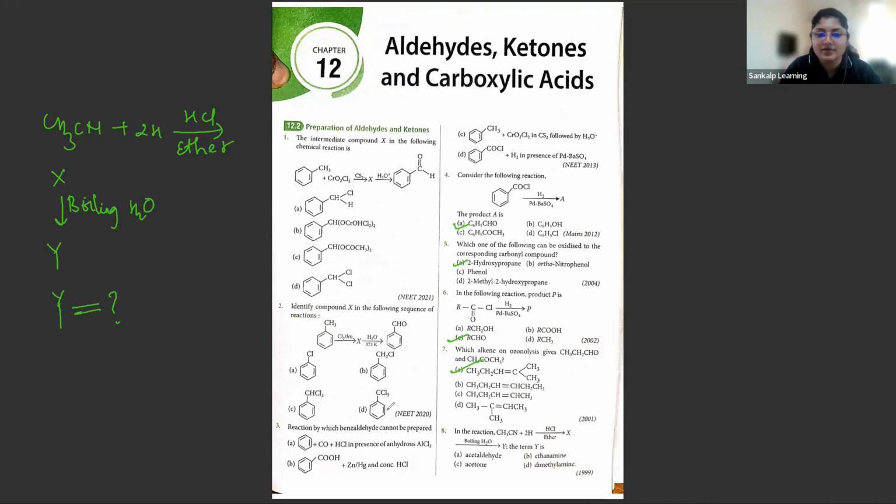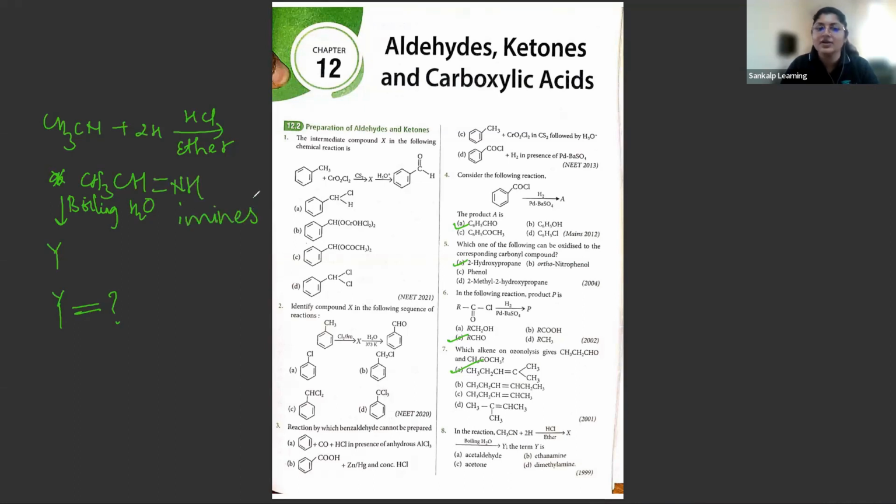What is Y? So when you are converting your nitriles, what is done? Nitrile is taken, CH3C triple bond N plus 2H gives you what? Your X will be CH3CH double bond NH. What is formed?